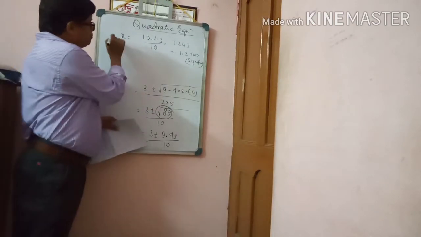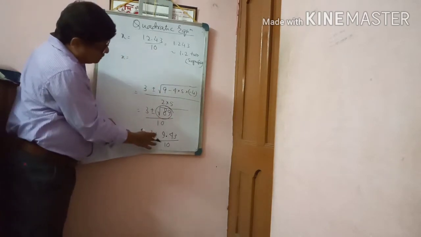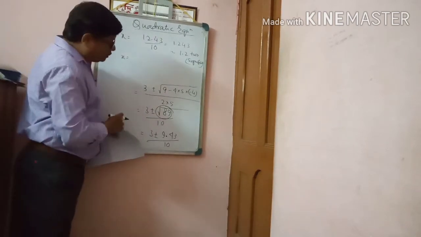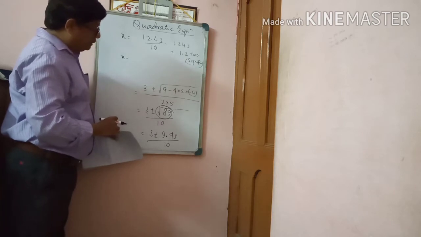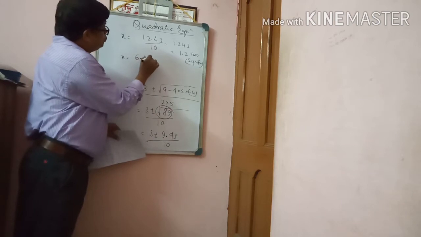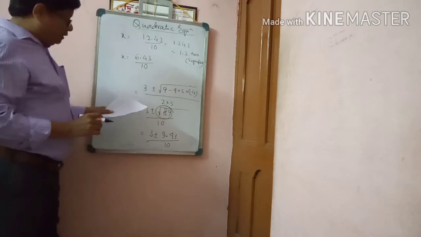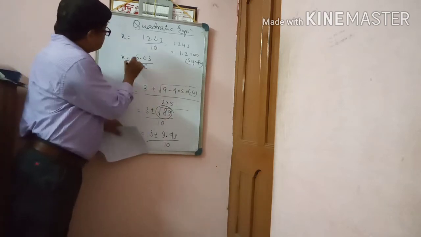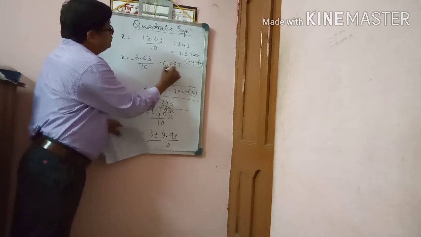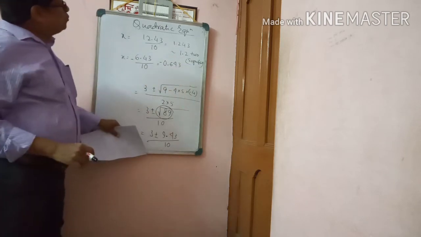Now from the positive sign, and for the negative sign you will get 3 minus 9.43, which will be minus 6.43, by 10. So the sign will be minus, 0.643, only minus 0.643.